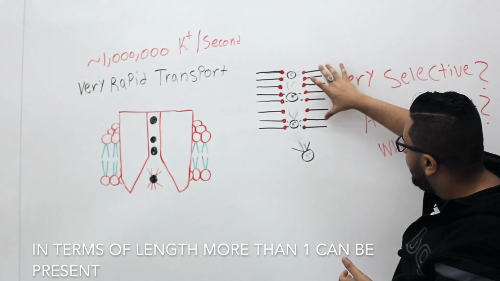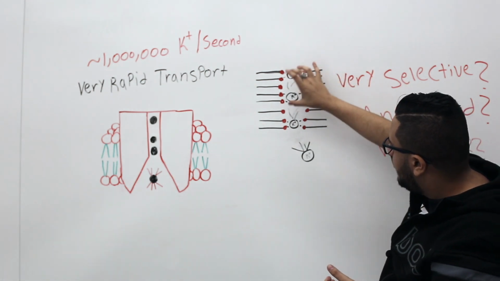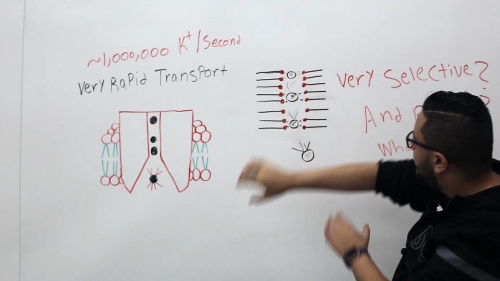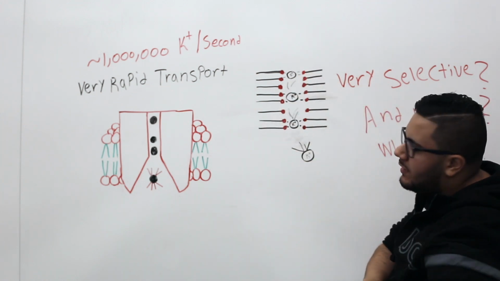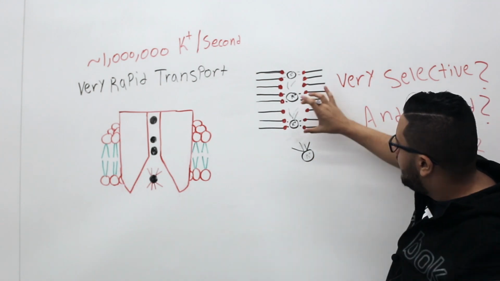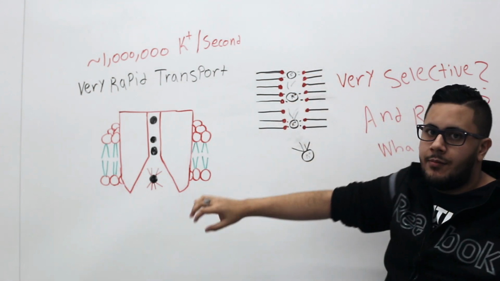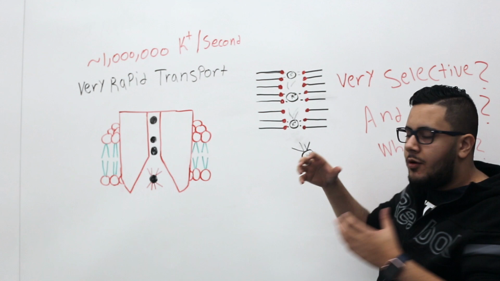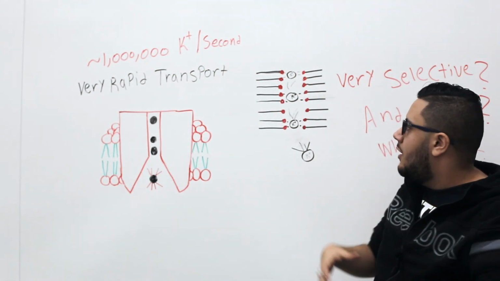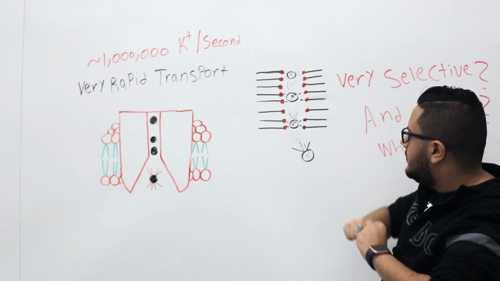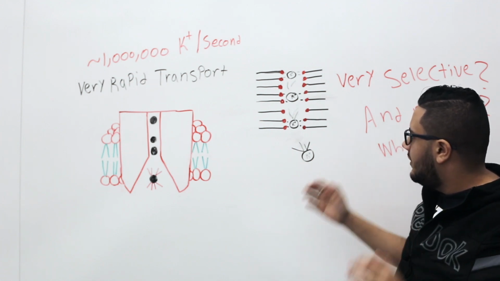So within the 4 selective sites, only 4 potassium ions can be there. And at any given moment, we would likely not see 4 potassium ions at the same time simply because of repulsion. They would be too close to each other, too much repulsion would be occurring. And they start pushing and shoving each other essentially.